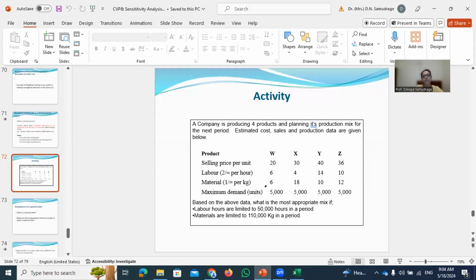So now you have to decide how many kilograms you need to produce 1 unit of W, X, Y, and Z. So here, this is material cost, right? To produce 1 unit of W, you need 6 rupees. But now you need how many kilograms you need. So you have to divide this by 1 rupee. So you will get the same figures, right? 6, 18, 10 and 12.